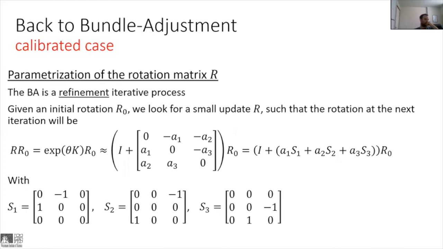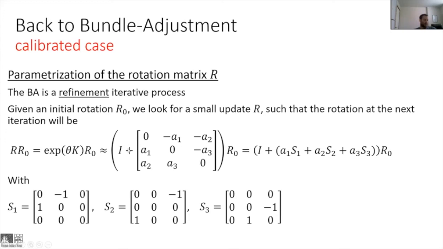All right. Okay, so I'll continue. What we'll do next is, given an initial rotation R0, we neglect the quadratic term that we have seen before, and just keep the first term.